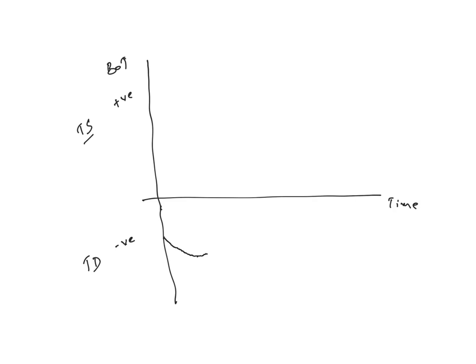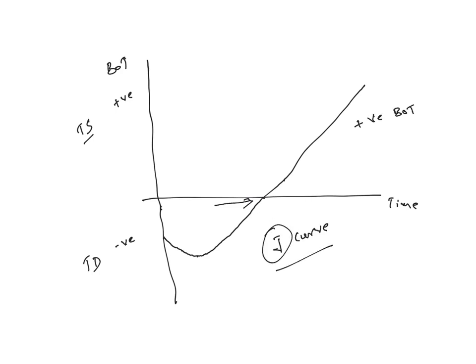Once India starts taking advantage of cheaper exports because of rupee depreciation, the trade deficit slowly recovers, and after a certain point of time you might enter positive territory, wherein after a certain duration you experience a positive balance of trade. This is generally what we call the J-curve effect, since the curve more or less looks like a J, and this is what we call the J-curve.